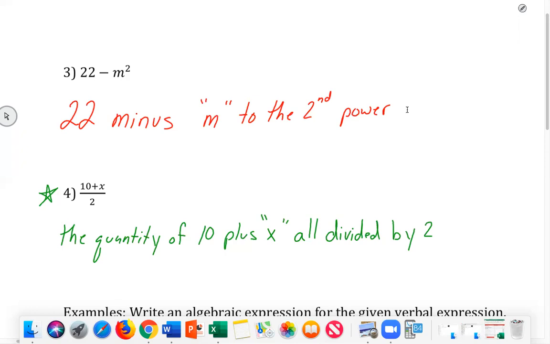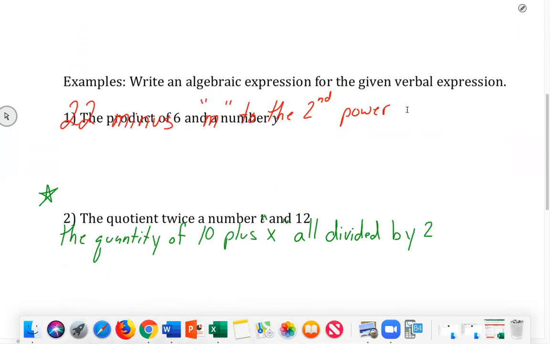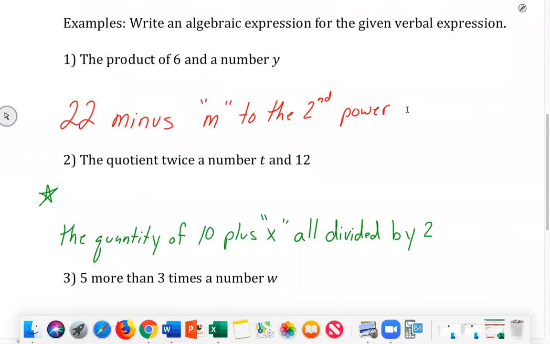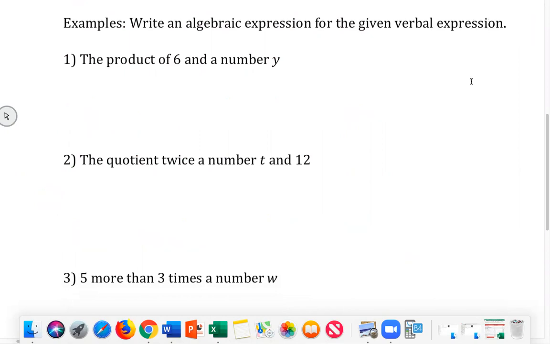Now, going the other way, Dan, I think these are super easy, and I'm not going to insult you guys by making you read the problem because, well, heck, it's so easy. This word tells me what I'm doing. Dan, what does product mean? Multiply.